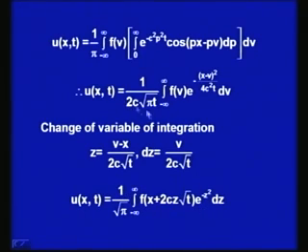All these constants and terms have been simplified, the only argument of f is in terms of x: x plus 2c z root t dz. So, this is the solution of our heat equation.